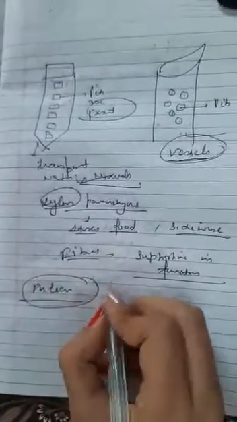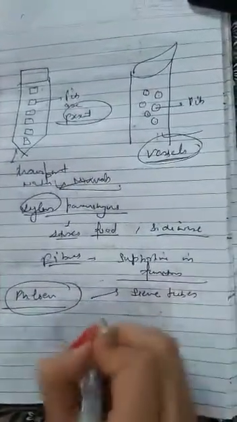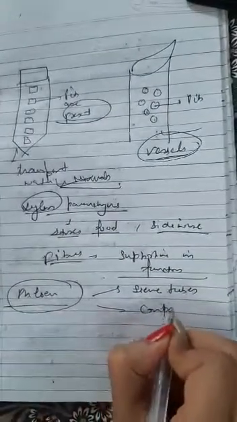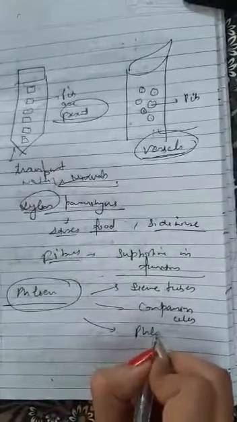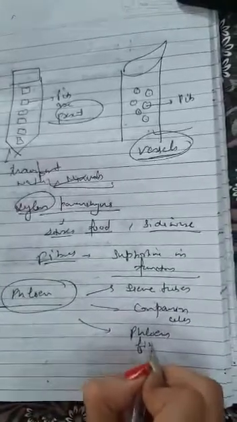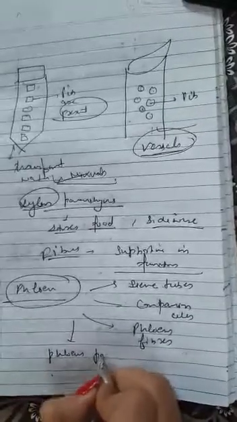Then we have phloem, which is also made of four types of elements: sieve tubes, companion cells, phloem fibers and phloem parenchyma.